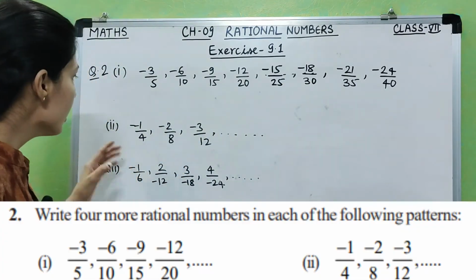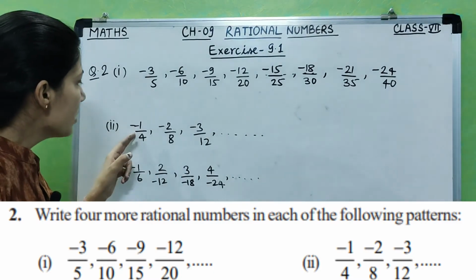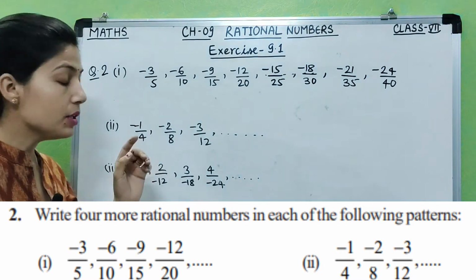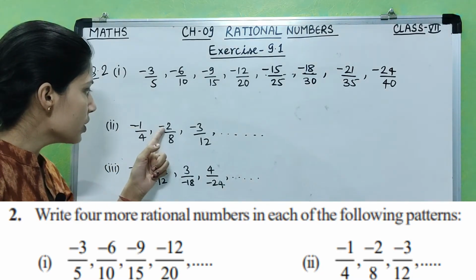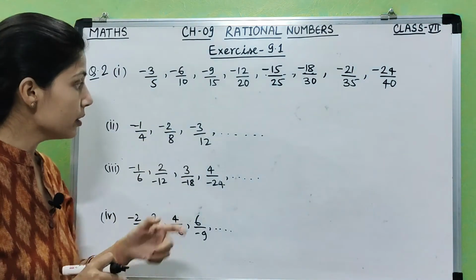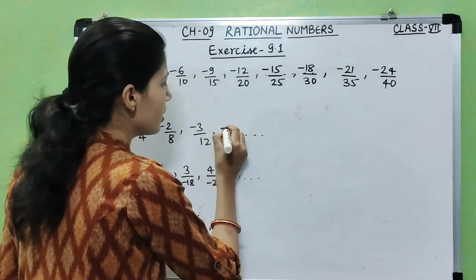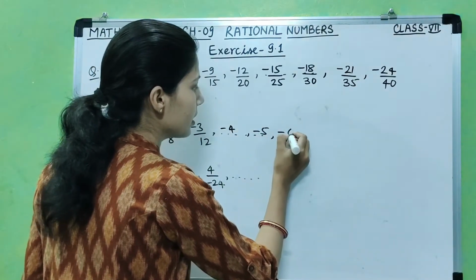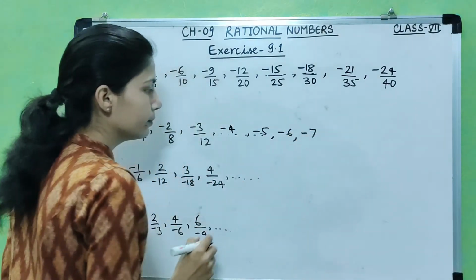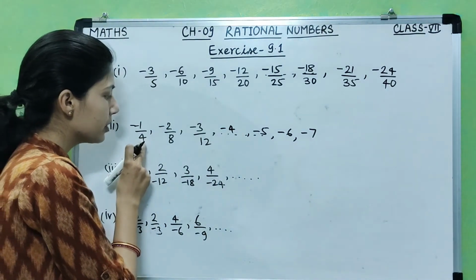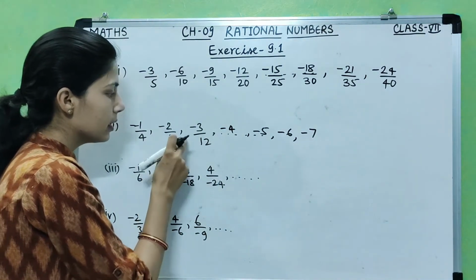Okay. Now see the second: -1 upon 4, -2 upon 8, -3 upon 12. So first check the numerator part. -1, -2, -3. Here are the consecutive integers. So next will be -4, after that -5, then -6, then -7. Okay, see here, in the first term the denominator is 4, then 8, then 12.